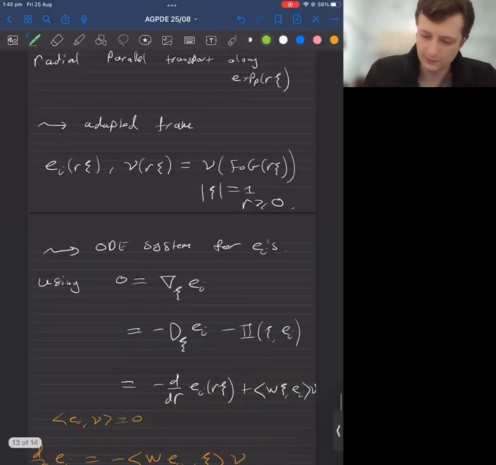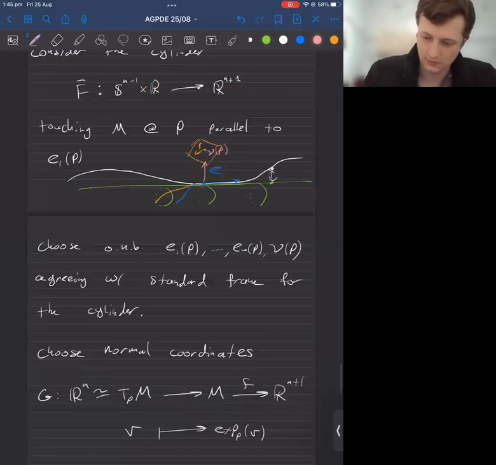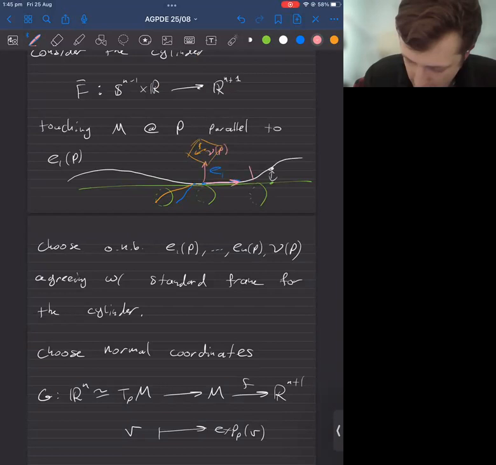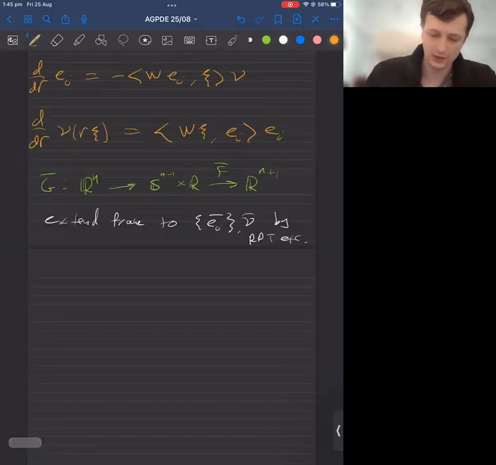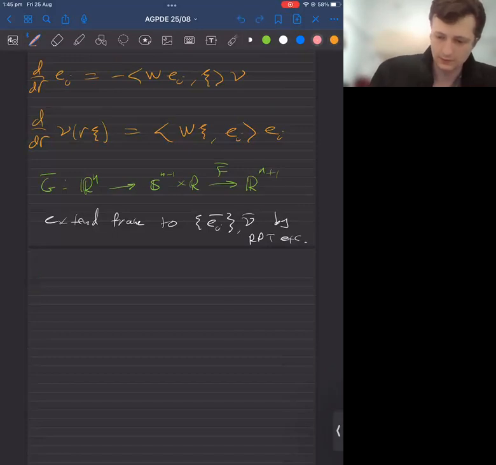So I've got two frames. I probably should have drawn this in the same color. So I've got one frame being extended along here, and another frame coming down here. And they both satisfy very similar ODEs. Do it in green, because my cylinder's green.